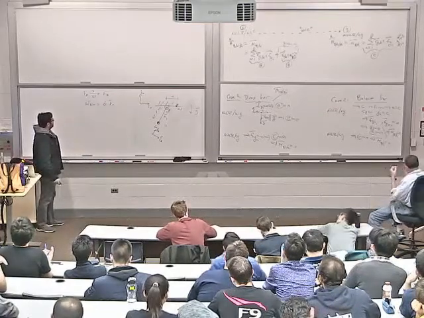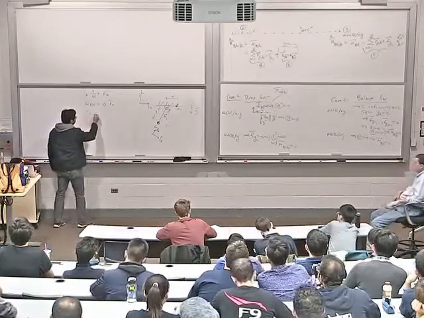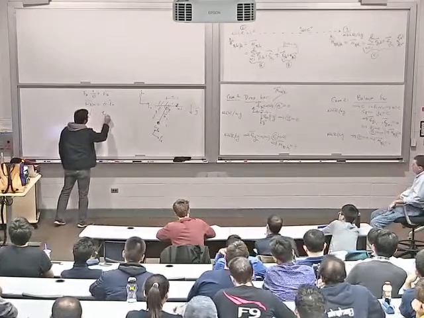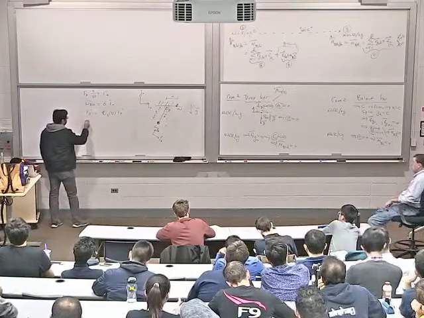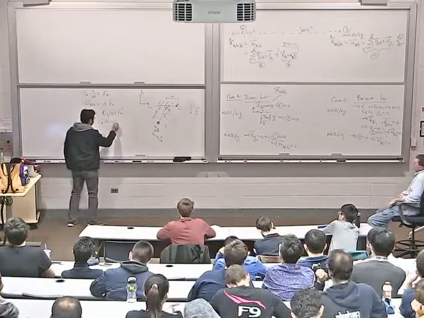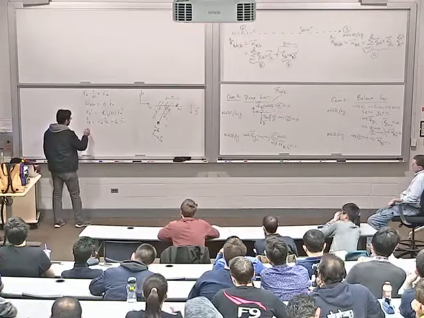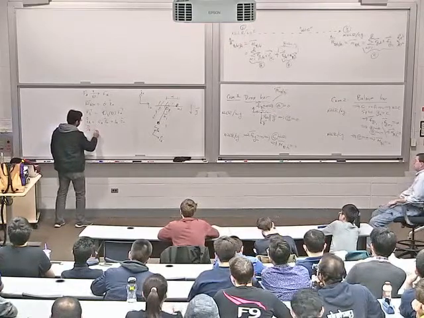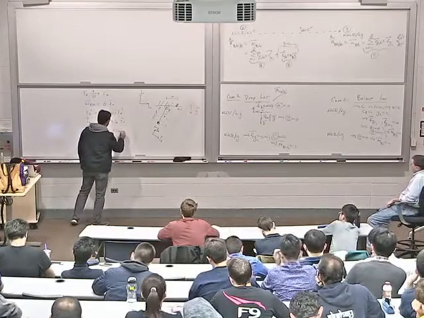Also, I have FB transpose equals O3 theta FA transpose. So you get IB equals cosine theta IA plus sine theta JA, and this would be minus sine theta IA plus cosine theta JA. I'm writing these equations because they would be used later.